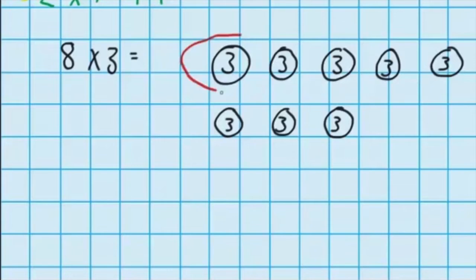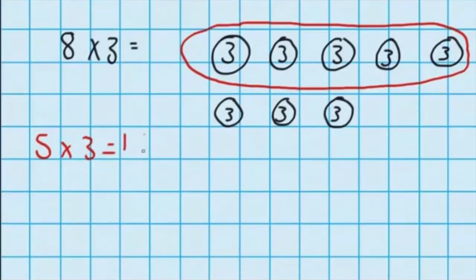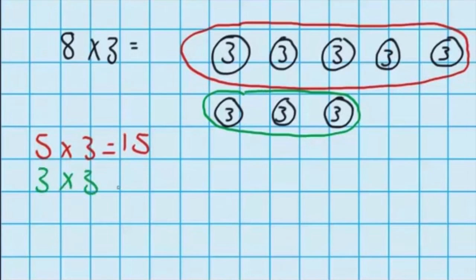Well, up here I can see 5 groups. And I know that 5 groups of 3 is 15. Now I've just got 3 groups left, and I'm good at my 3 times tables. 3 times 3 equals 9. And if I add those two amounts together, 15 plus 9 is 24. So 8 times 3 must equal 24.